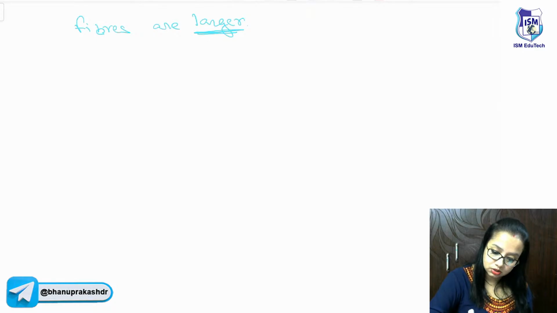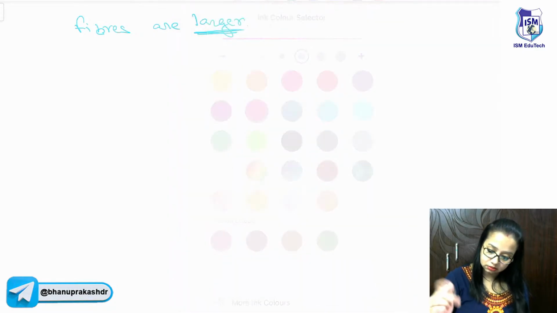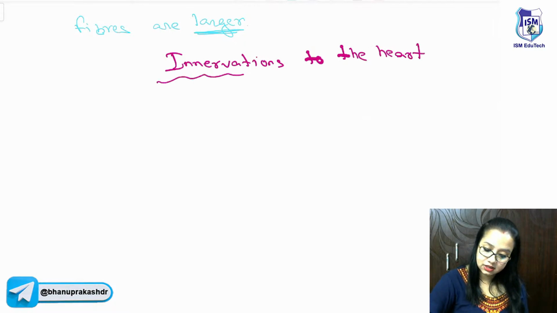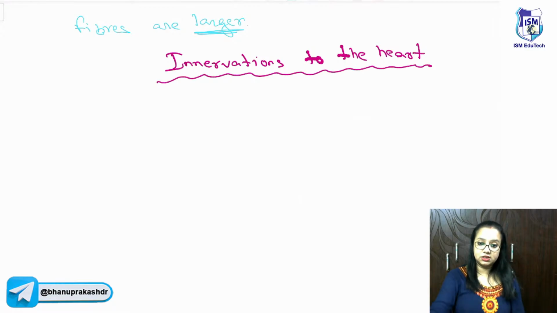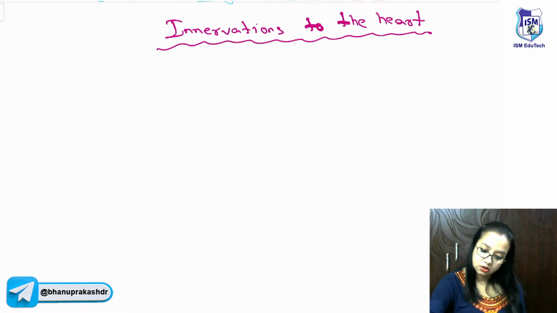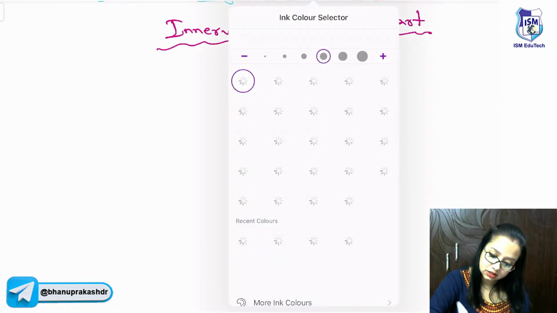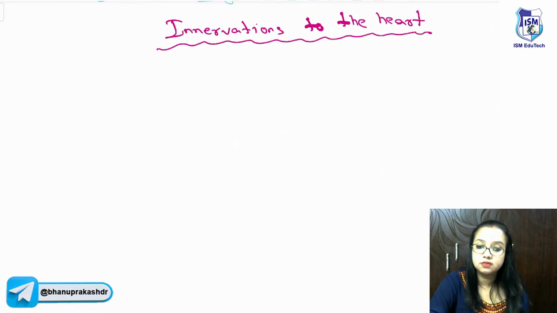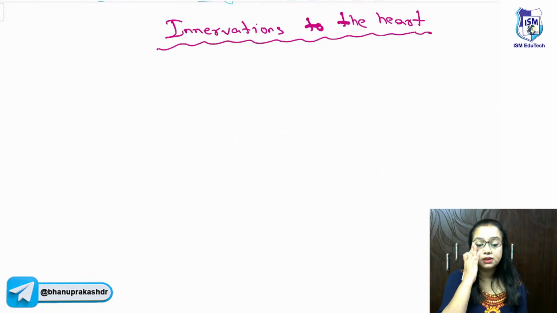Now coming to the innervations. Innervations to the heart. After that, we will study how the beats correlate roughly to the ECG tomorrow in detail. Okay, the innervations to the heart. When we are talking about innervation, we mean the innervation from the autonomic nervous system.